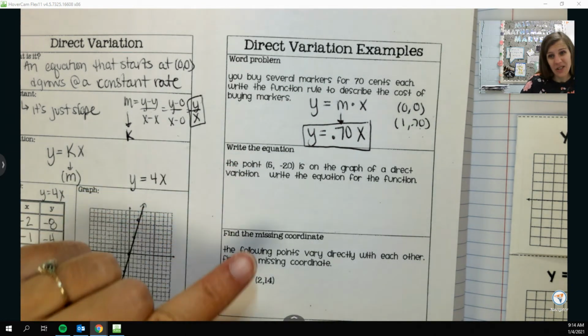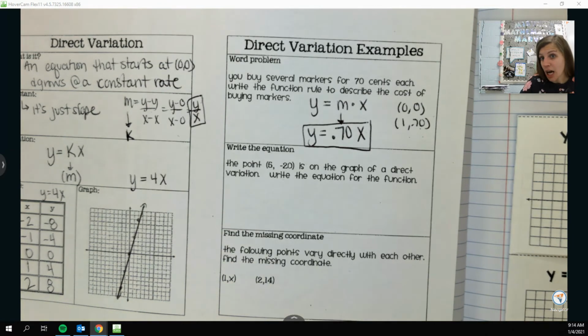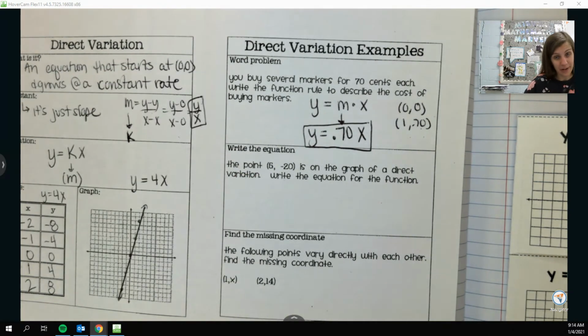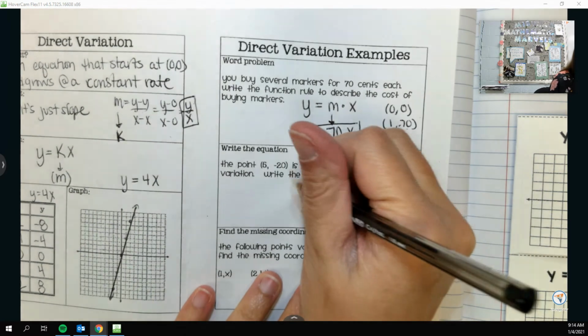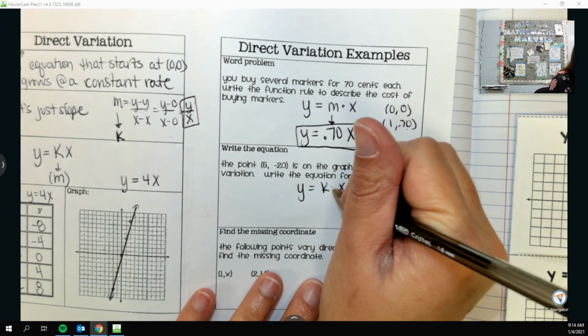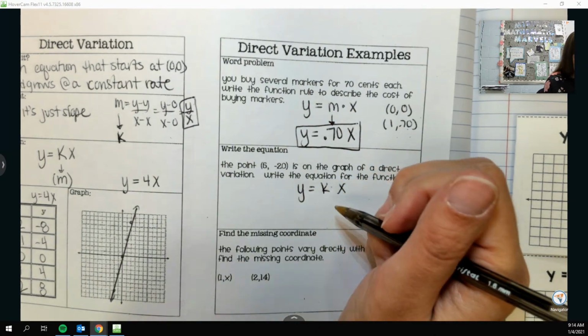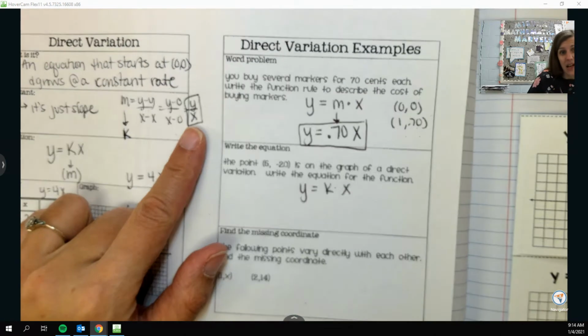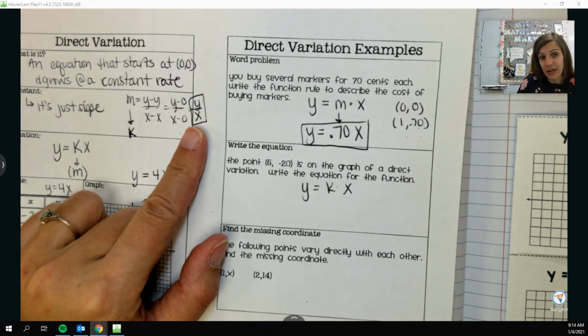Now, we can also do a really basic non-real life example. So if the point (5, -20) is on the graph of a direct variation equation or line, we can write the function for that. So it should look like y equals k times x or m times x. Doesn't matter. This is just your constant or your slope. And I can find the slope because, again, (0, 0) is always a point on direct variation.